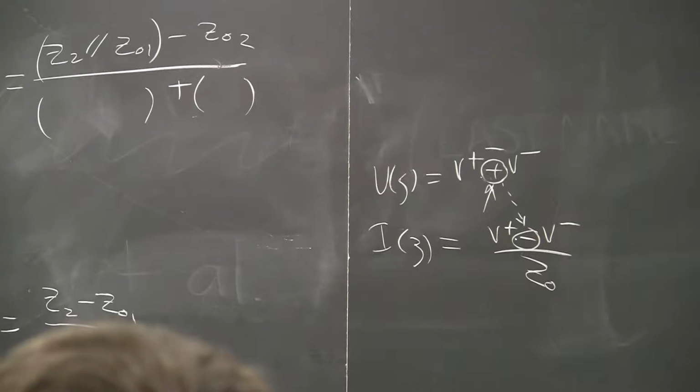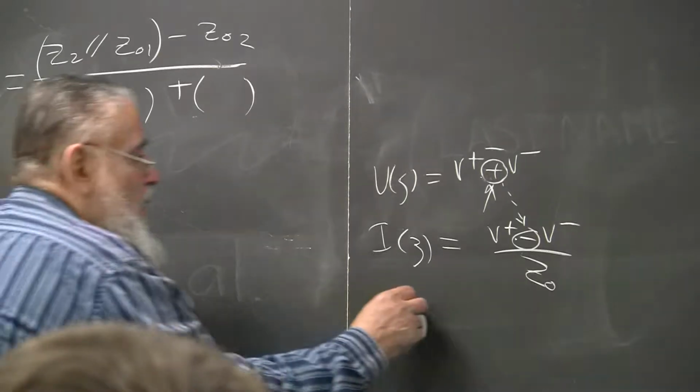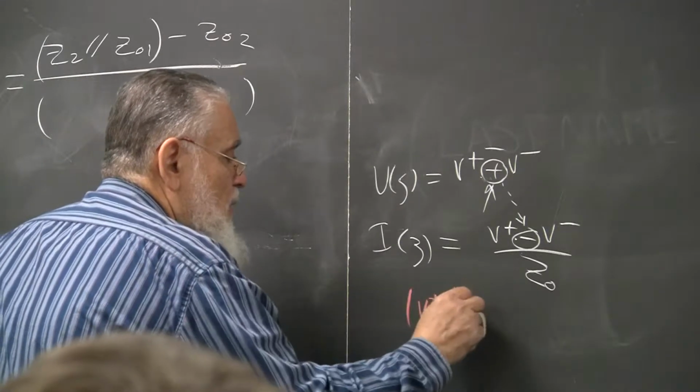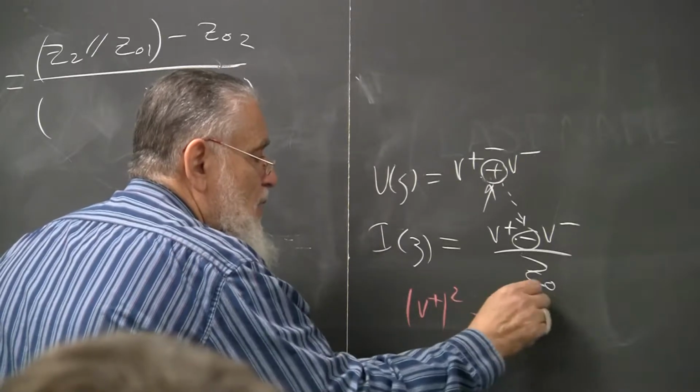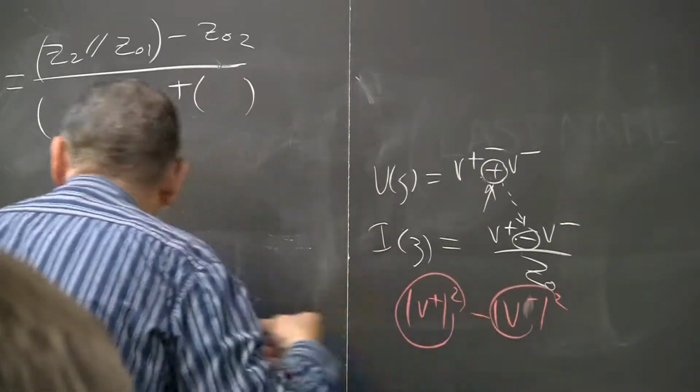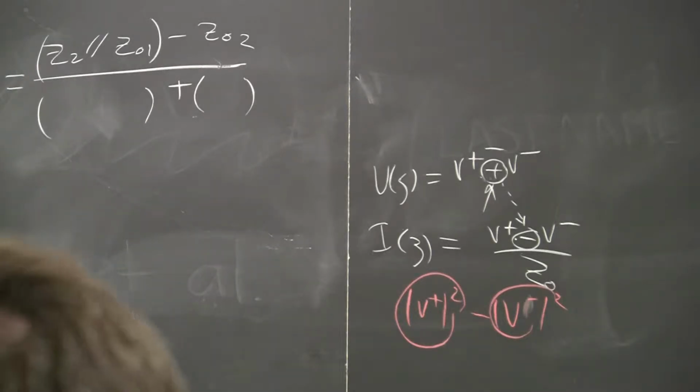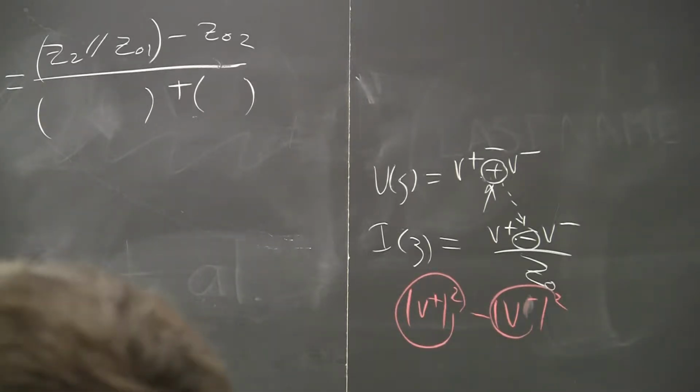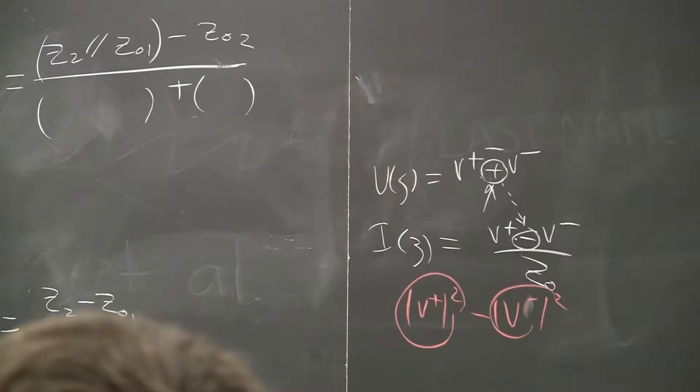Right? So you end up with V plus squared minus V minus squared. And that's power minus power, so actually you end up with less power. There's no way you can add power out of a reflection in a passive device. You must get less power, or equal power.